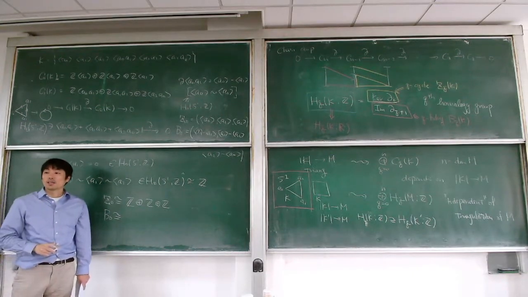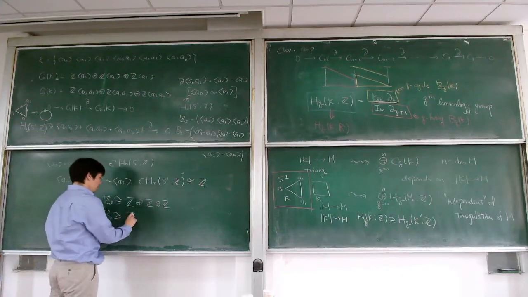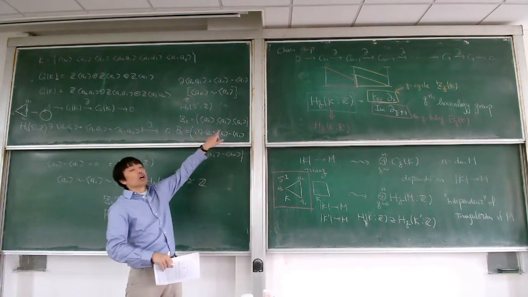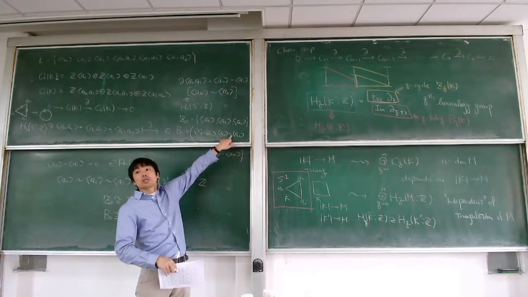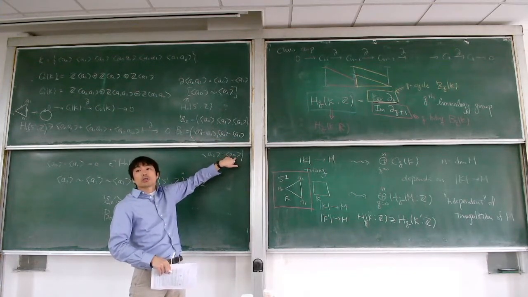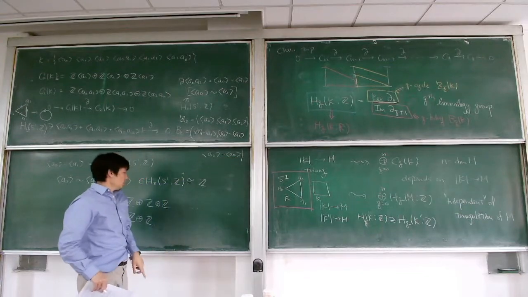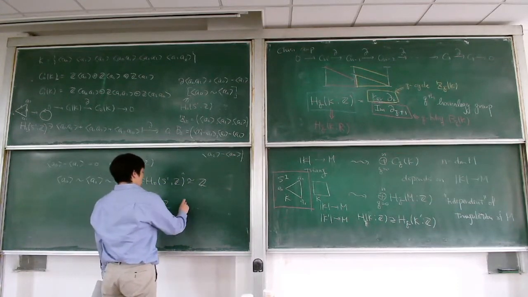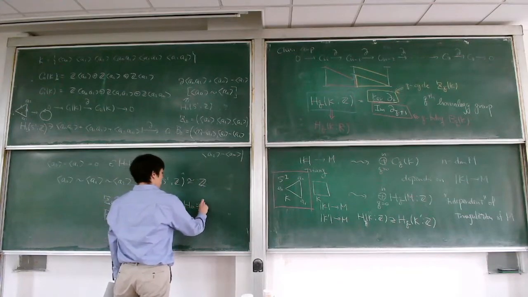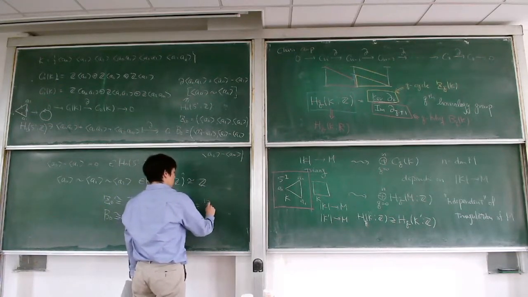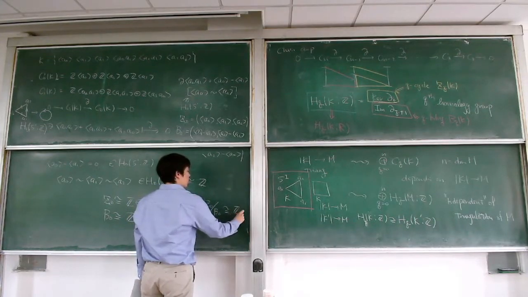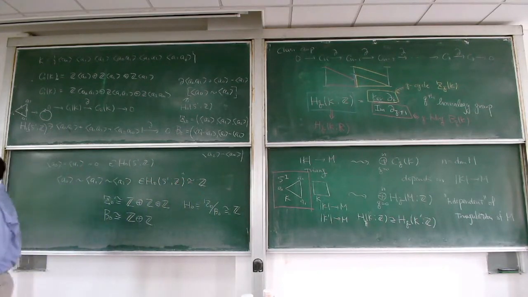Good. If you impose two conditions, this implies the third condition. Okay? So therefore the quotient, so H0 is the quotient of C0 divided by B0, so therefore this is isomorphic to Z. Okay? That's another way.